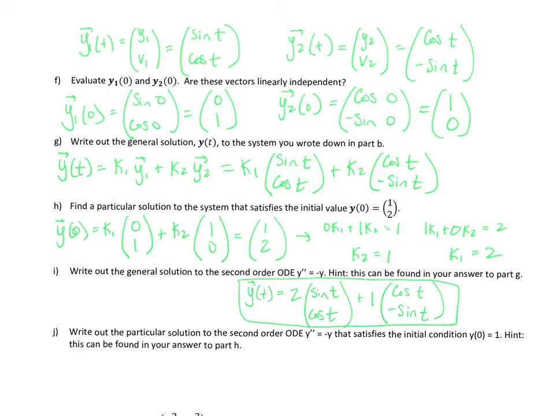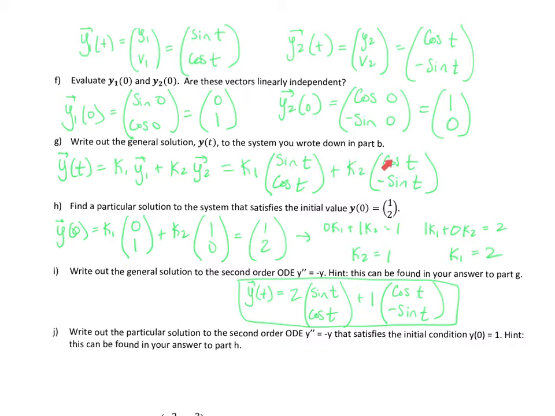Okay, so part I says write out the general solution to the second order ODE, y double prime equals negative y. So we can find this answer in part G, because the solution to the second order equation is just a y, whereas the solution to the system is a y and a v.